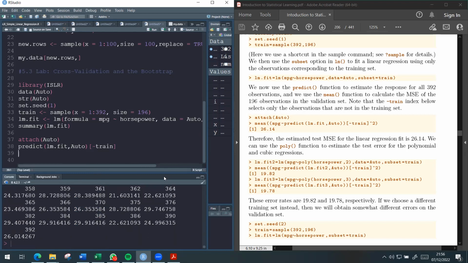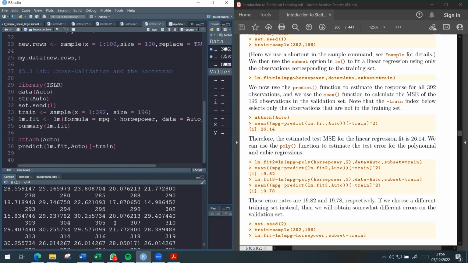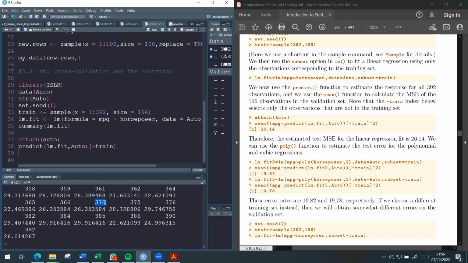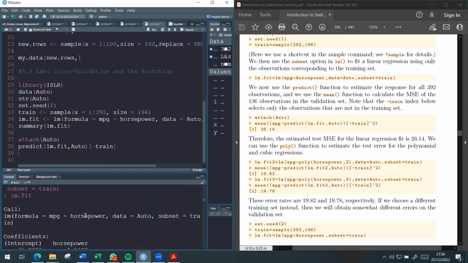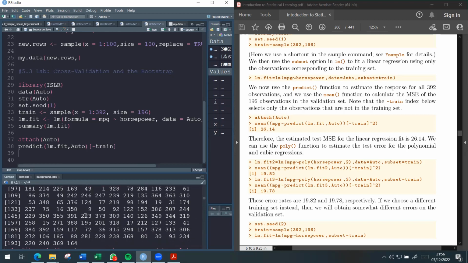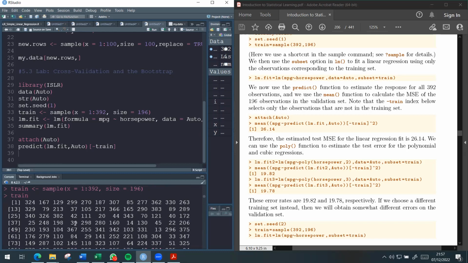So if you do it like this now, what do you get? You get the 370th observation, but then 371, 372, 373, and 374, those were clearly in the training data set. If we go over here, can I find at least one of them? 37... So 375 was in the training data set.